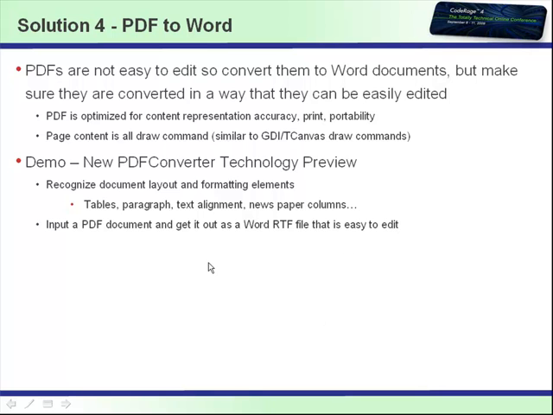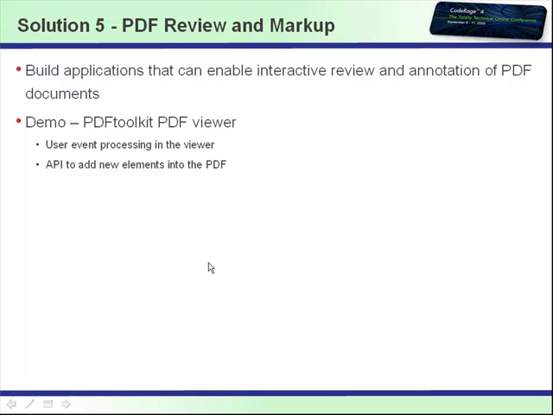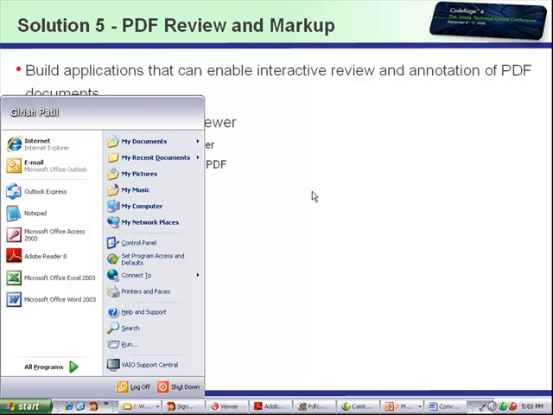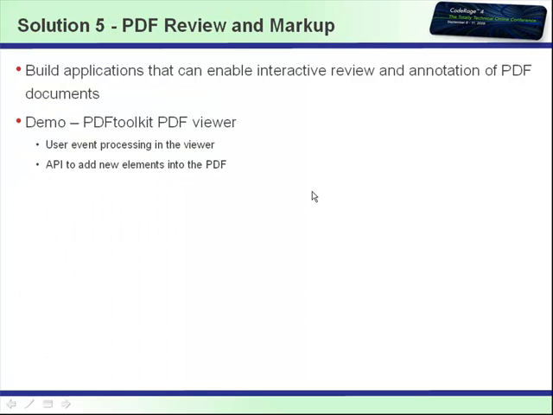Okay, so finally, this is our final demo for this particular session. Okay, so let's see what we have here. Okay, so what we want to do very quickly is see a few capabilities of the PDF viewer.